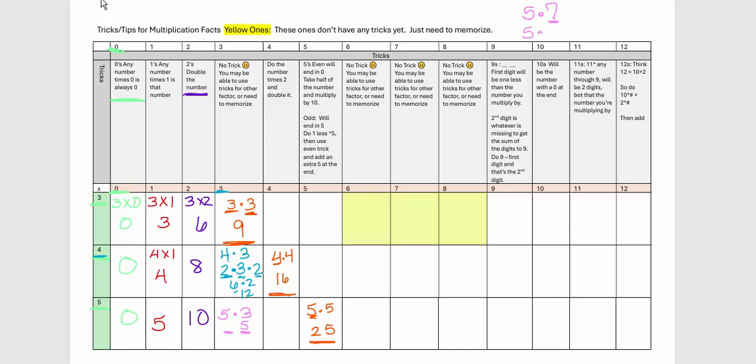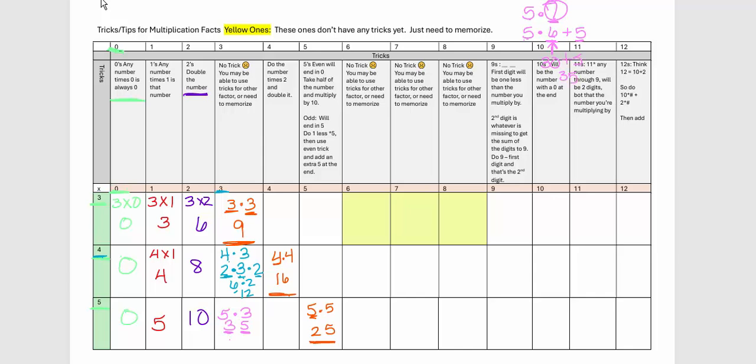If I had 5 times 6, that means I have 6 groups of 5, and then I can add one more 5. Now I have 7 5s because I have 6 of them and then another one. So if you have an odd number, bump this down 1. 5 times 6 plus 5, and now you can use that 10 trick. Half of 6 is 3, so this is 30 plus 5, and that's 35.